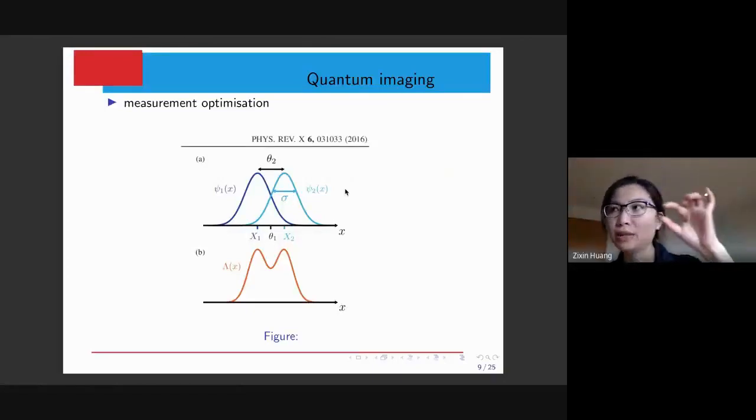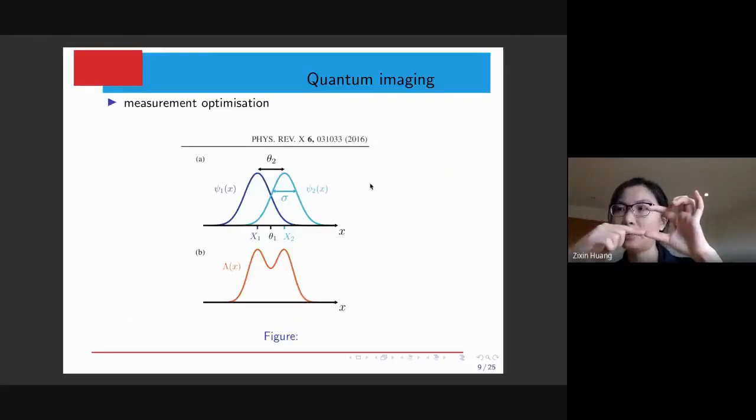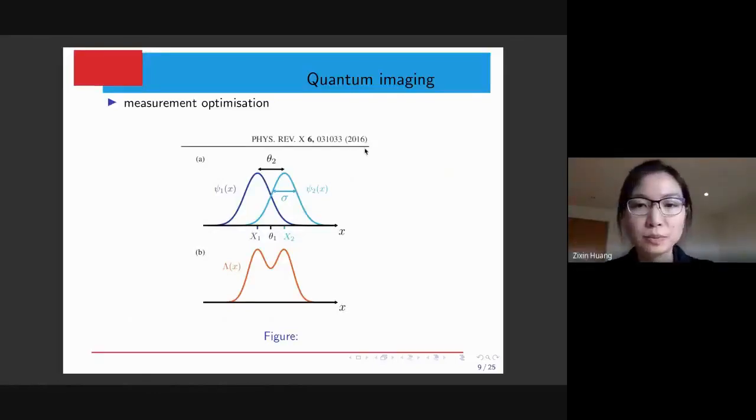Here, we want to solve the most basic problem of estimating the separation of two point sources, that is, how far these two stars are from each other. On the image screen, they may look like that: two approximately Gaussian point spread functions. You can probably imagine that if these two get very close, then the two merge into one blob and you can't separate them anymore.